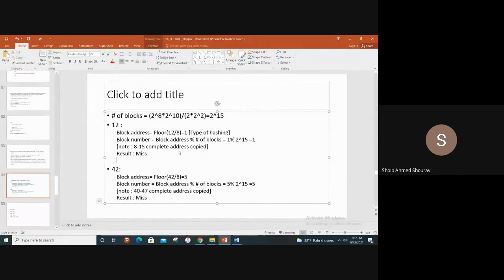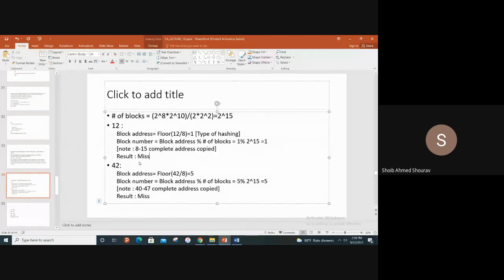Like for 15, it will be a hit. Because we have copied this complete block to the cache, anything present in the cache will be a hit. So anything that comes in between 8 to 15 will be a hit, because for 12 we have copied this.